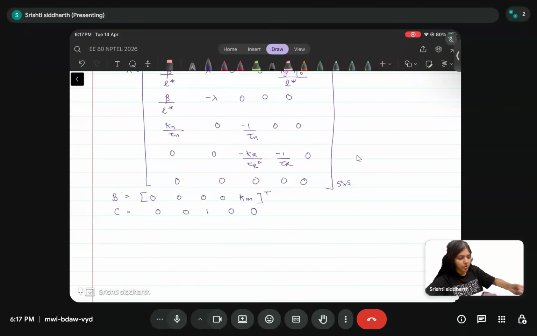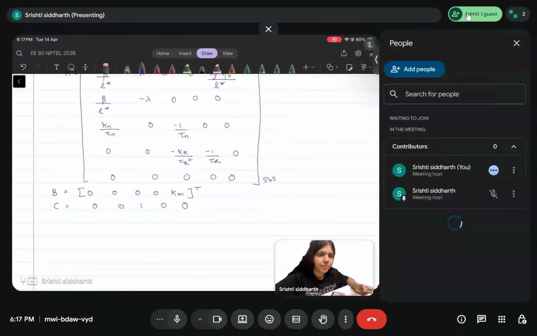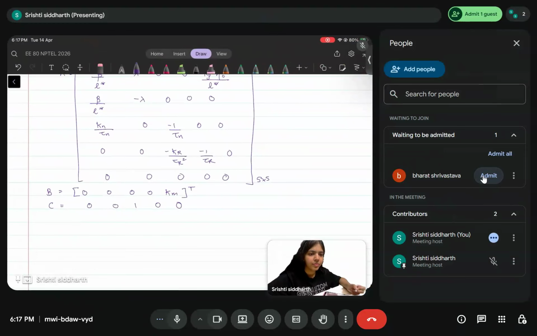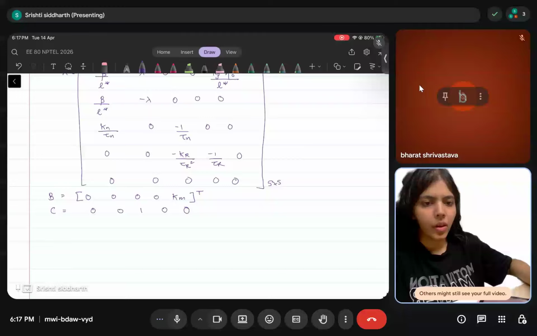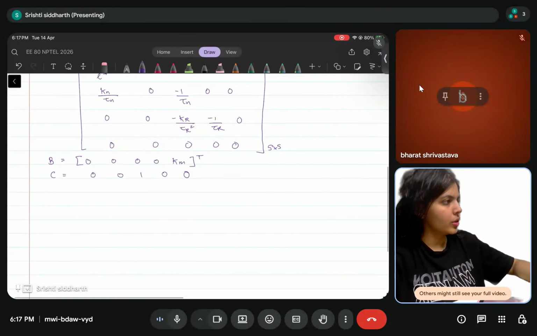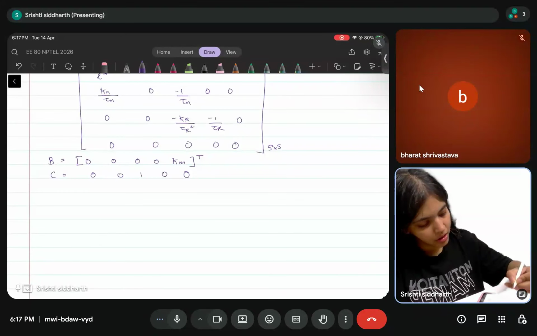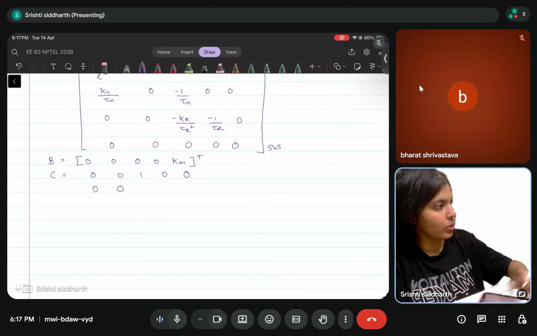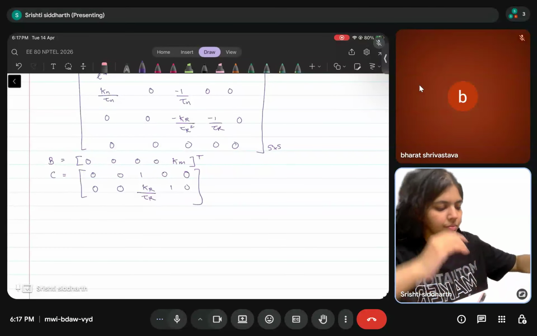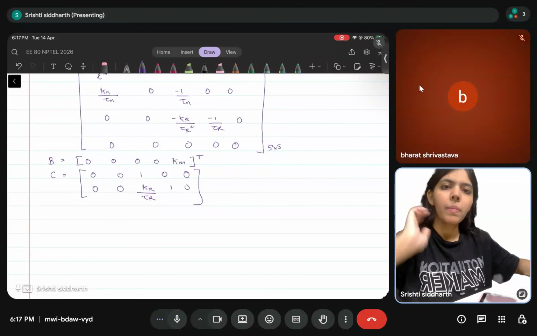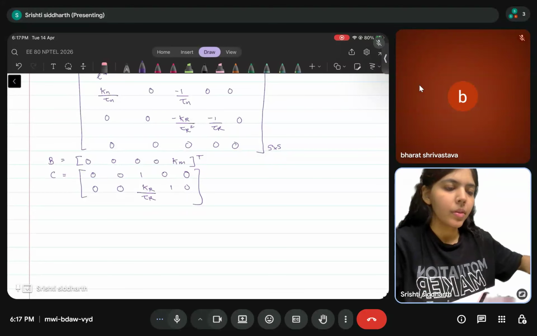It's the third state, the first output. The next output is a linear combination of the third and fourth state, so it will be 0, 0, kr over tau r, 1, 0.